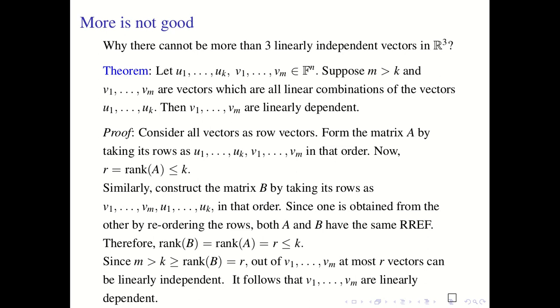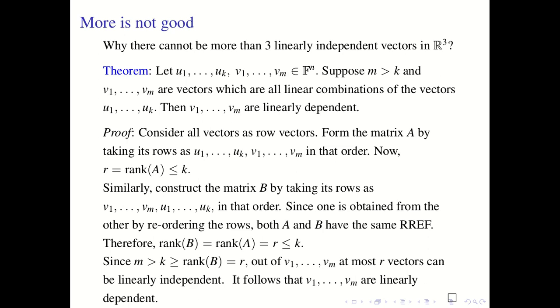So this is more generally true. Suppose I take u1, u2 up to uk, some vectors in Fn, and v1, v2 up to vm, vectors in the span of u1 up to uk. Now if m is bigger than k, then this set is necessarily linearly dependent. That's the claim.